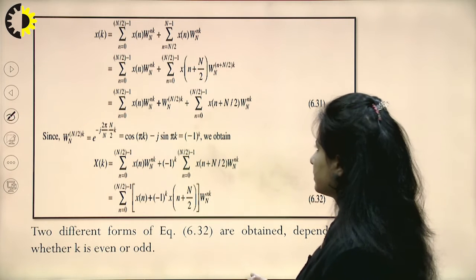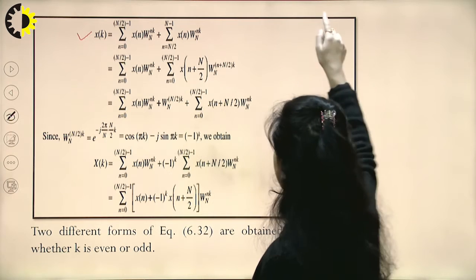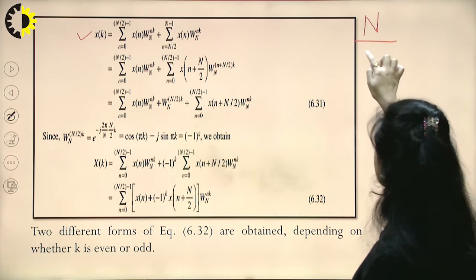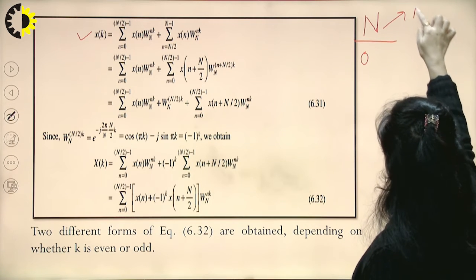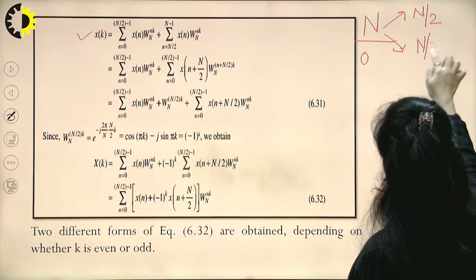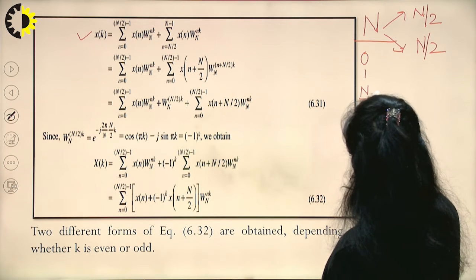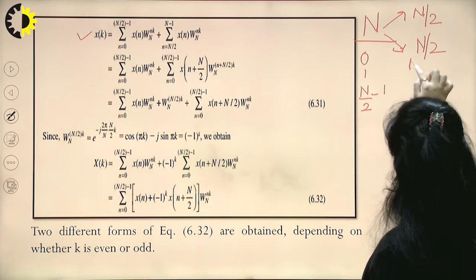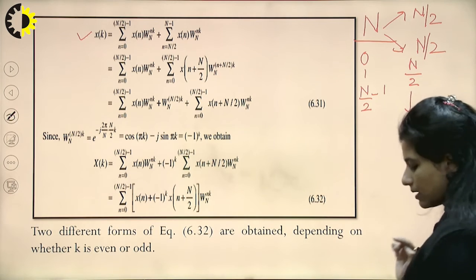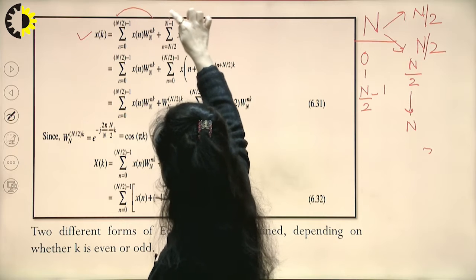So how does this algorithm work? I have taken this X(k) into 2 subparts. If I have N number of samples, algorithmically I would divide them into N by 2 and N by 2, first half and last half. This would range from 0 to N by 2 minus 1, showing the first half, and N by 2 to N minus 1 in the second half. So this X(k) has been divided into these 2 subsequences.